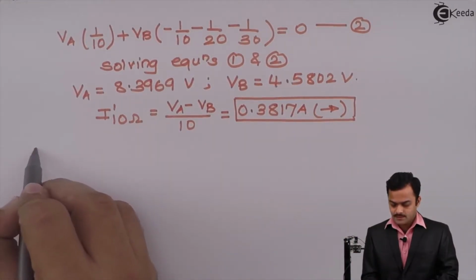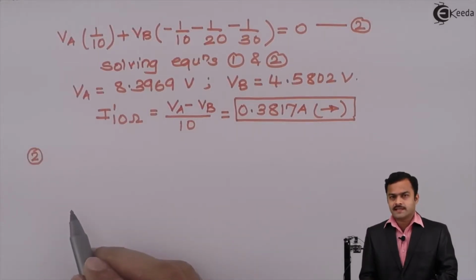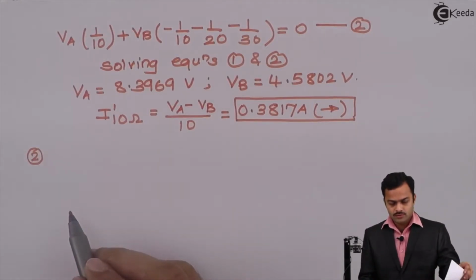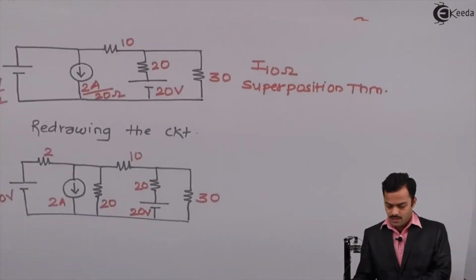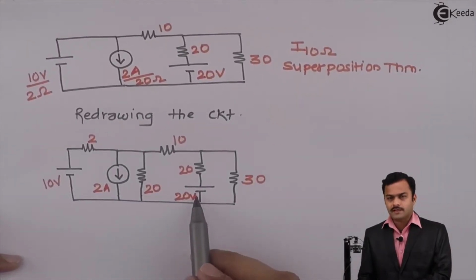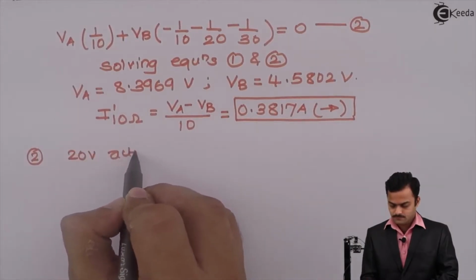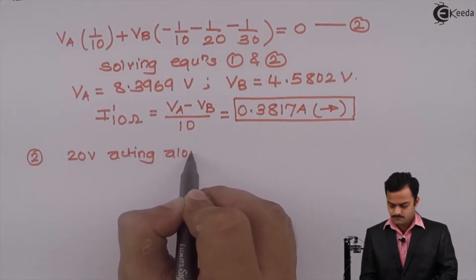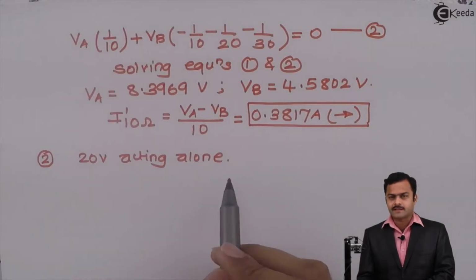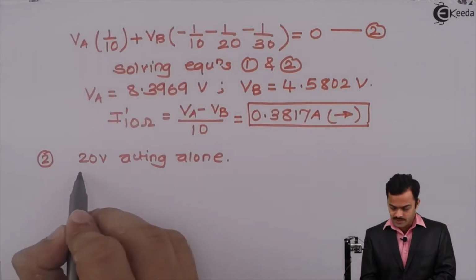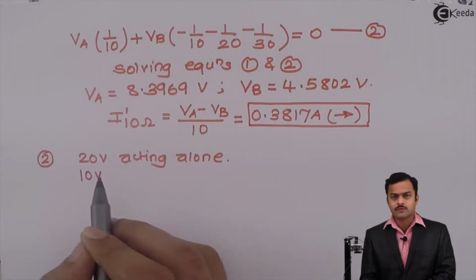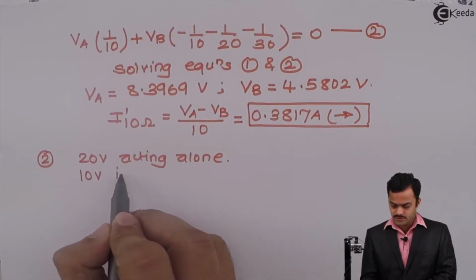To get a second part, let's consider a second source acting alone. So in the original problem, now I will consider 20 volt acting alone. So remaining source is 10 volt, which is a voltage source, so it is short circuited.